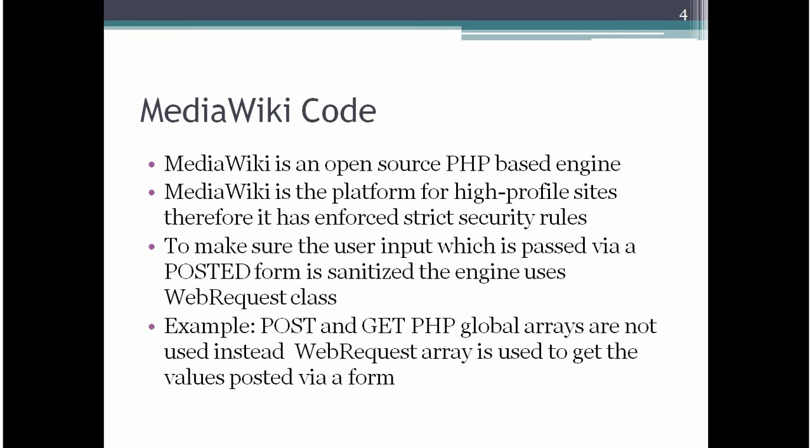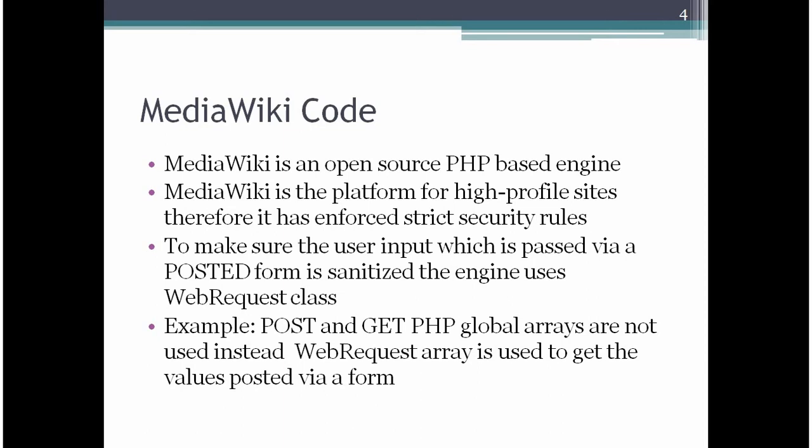MediaWiki code was written in the PHP language, and this platform was used for high-profile websites like Wikipedia, and therefore they had to enforce very strict security rules, which made them change some of the concepts we're used to in PHP. For example, if you know PHP, you know that we have dynamic global arrays known as POST and GET, which hold the variables posted in a form.